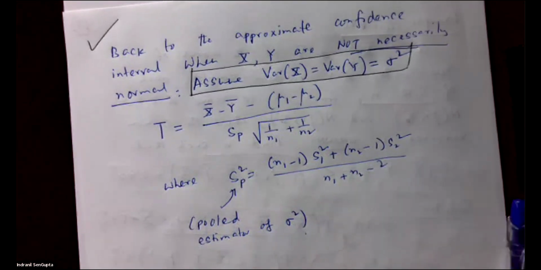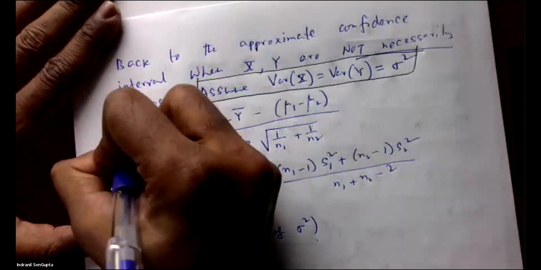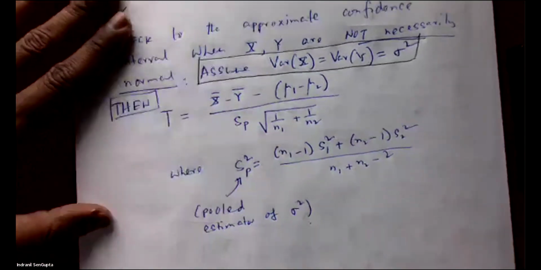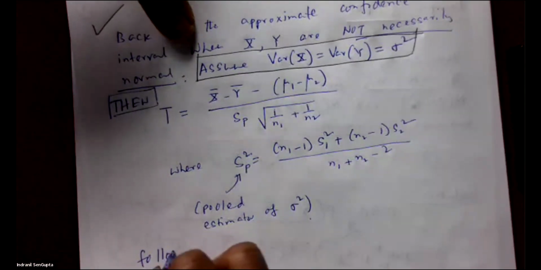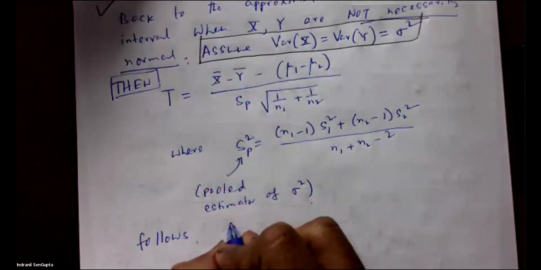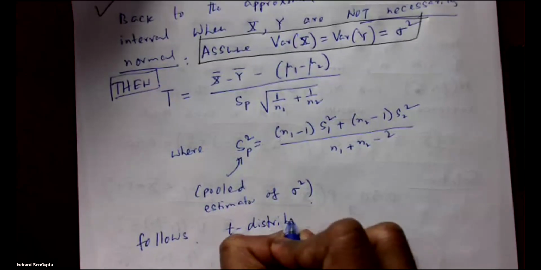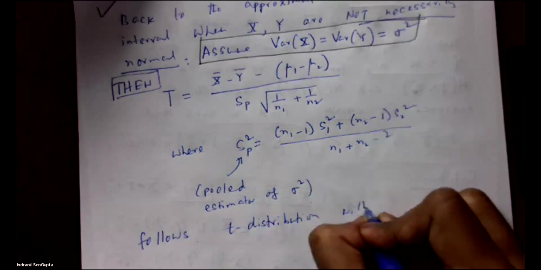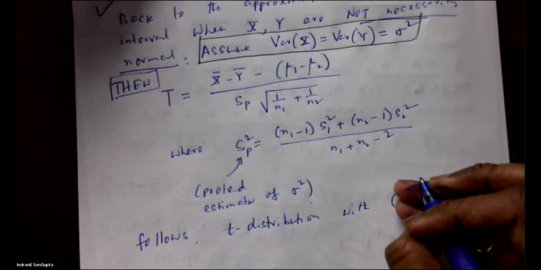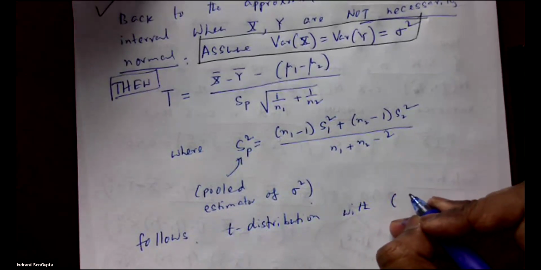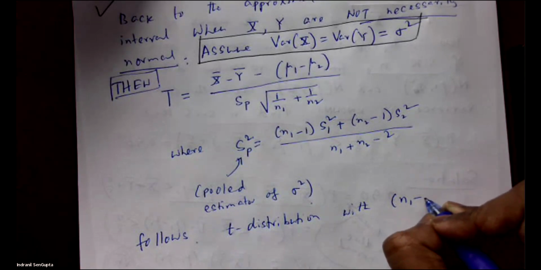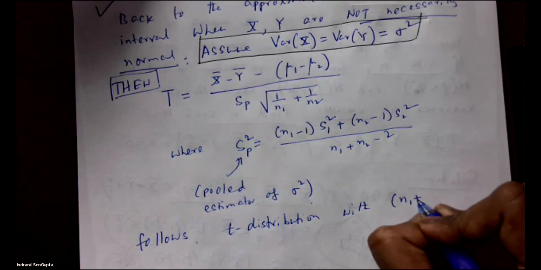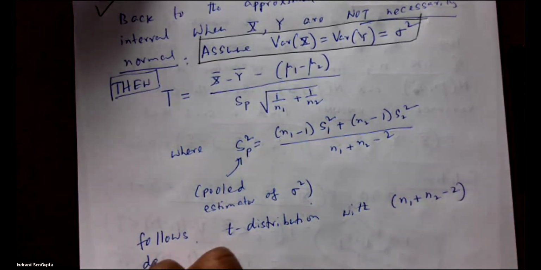And then it can be shown that what I wrote here, this T, follows a T distribution with n1 plus n2 minus 2 degrees of freedom.